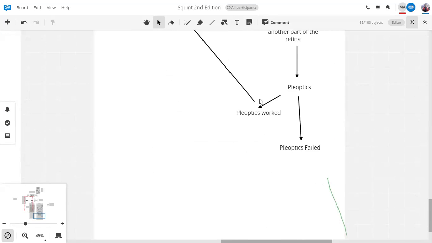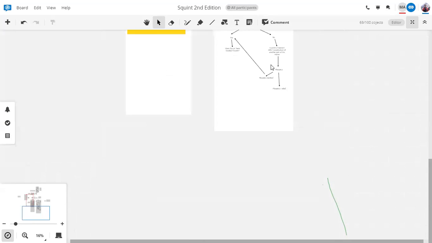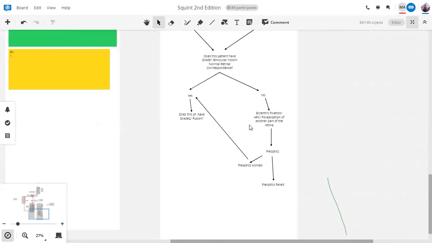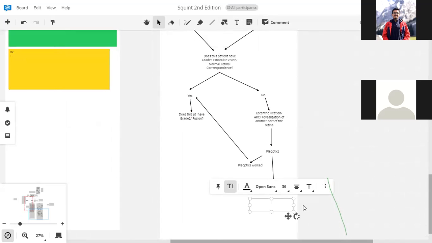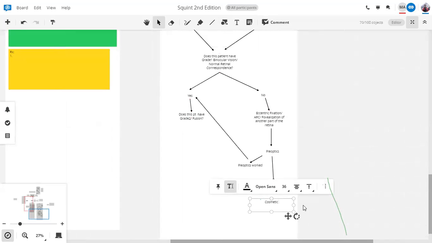And even in this case, if we perform surgery, we will only perform surgery for cosmetic reasons. So if pleoptics fail, then we'll do squint surgery, but only for cosmetic reasons. Cosmetic surgery.